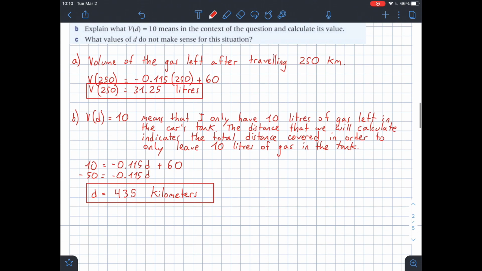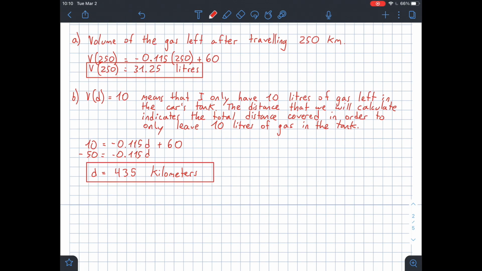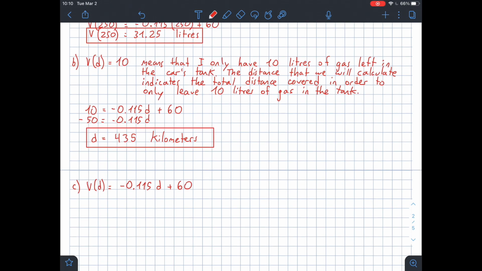Okay, so for part C, if we want to calculate the values of D that do not make sense for this situation, let me write here the equation V(D) is equal to negative 0.115D plus 60. The first thing we can calculate is how much is the maximum volume of our tank, right? The maximum volume occurs when the distance covered is 0, right?